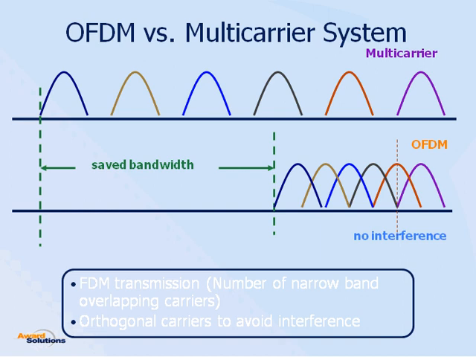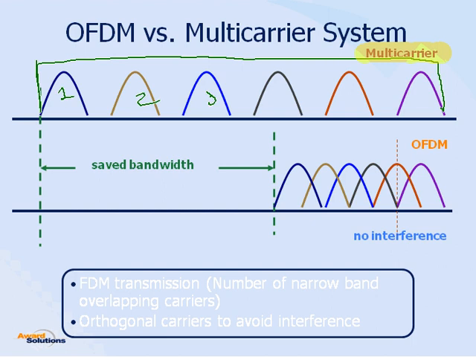In a traditional multi-carrier system, we have some bandwidth that we divide into many carriers, let's say carrier 1, 2, etc. And one channel carries, let's say, 1 megabit per second. So here we have 6 total carriers, and that will give us a total of 6 megabits per second data rate.